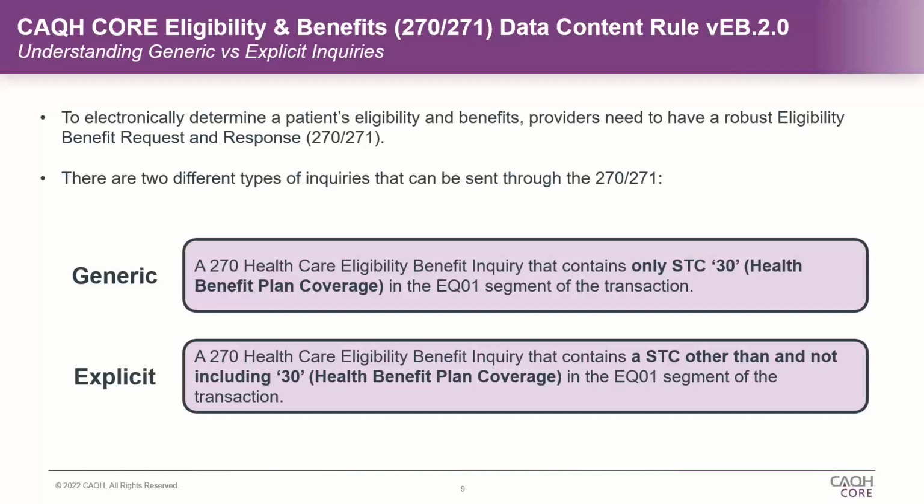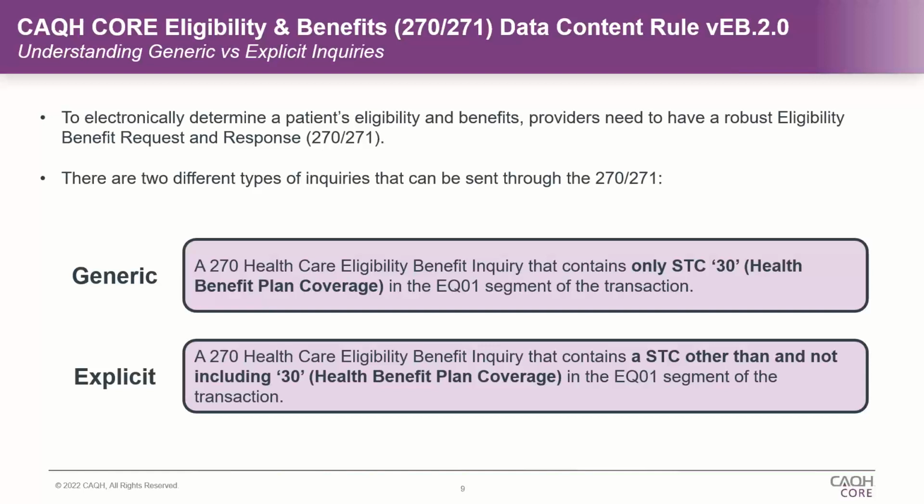So if you're one of those specialty providers, like dental, like chiropractic, like lots of different services that fall within that set of any specialty really, or if you're perhaps a hospital looking for a specific type of benefit that's related to a stay or a procedure that you wish to perform, you, the provider, can enter in that explicit inquiry and get explicit benefits back.